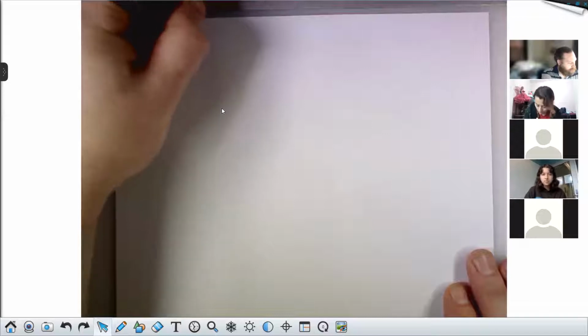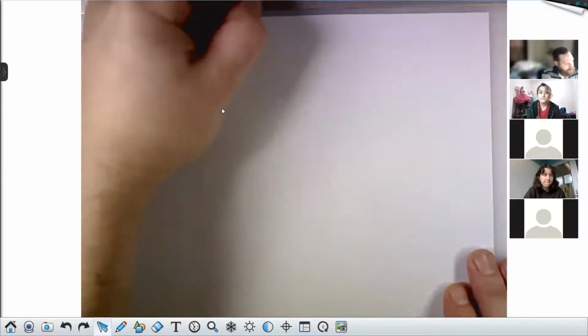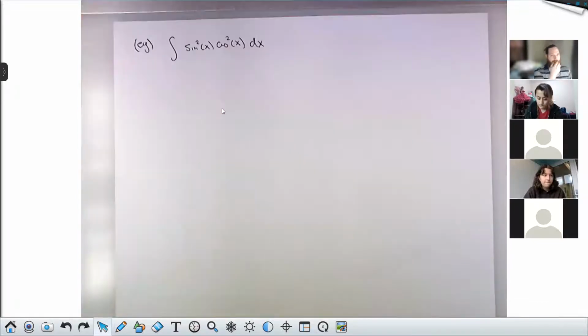So let's do sine squared x times cos squared x dx. The difficulty kind of goes up with the sum of the powers. So if the sum of the powers is 4, that's harder than the sum of the powers being 2. If the sum of the powers were 6, then that's harder than the sum of the powers being 4, and so on.